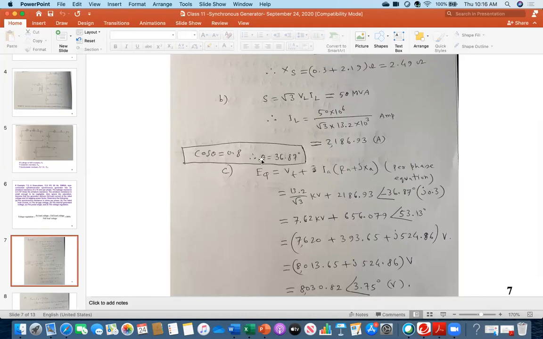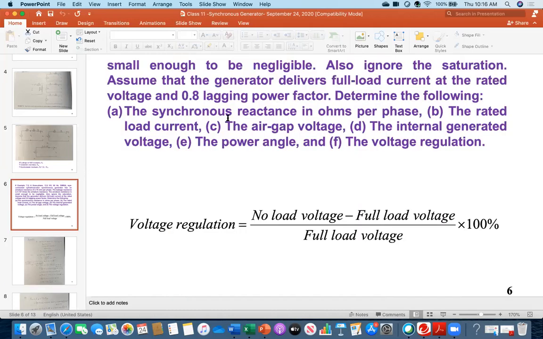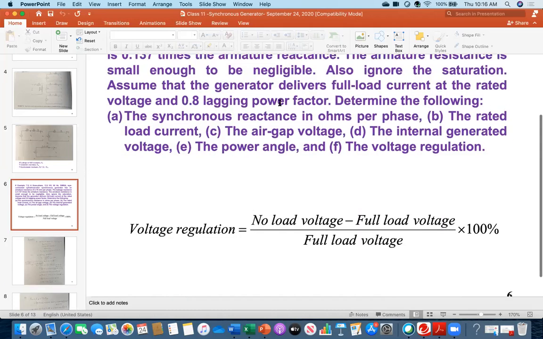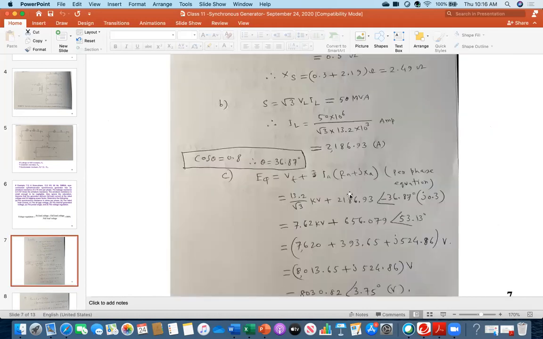So what is the angle? That power factor angle, theta 36.87. And because it says 0.8 lagging power factor, the angle will be minus. So that's why you see IA, this one, angle, this one. And RA plus jXA, you see, the RA value is 0.